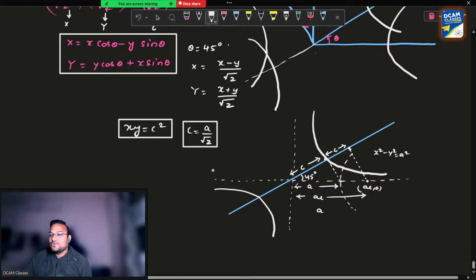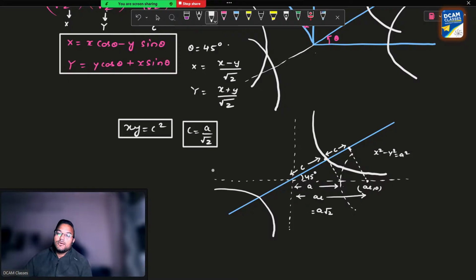It was a root 2. e was root 2, no? So if you find out, this will become cos 45 is a root 2 by x. x is equal to 2a.